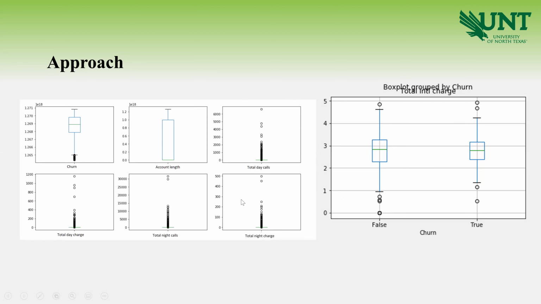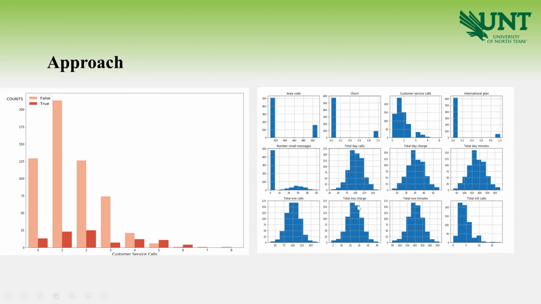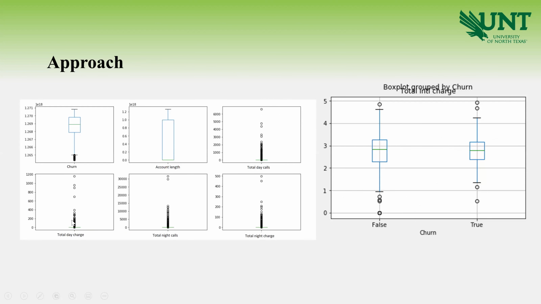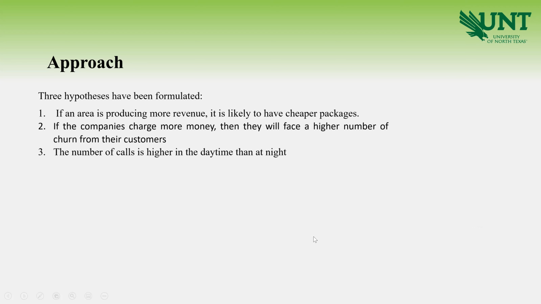Based on this, I thought it's important to look into these columns. By looking at these columns, we did box plots for total calls in a day, account length, churn, how much total day charge, total night charge, and we moved on.